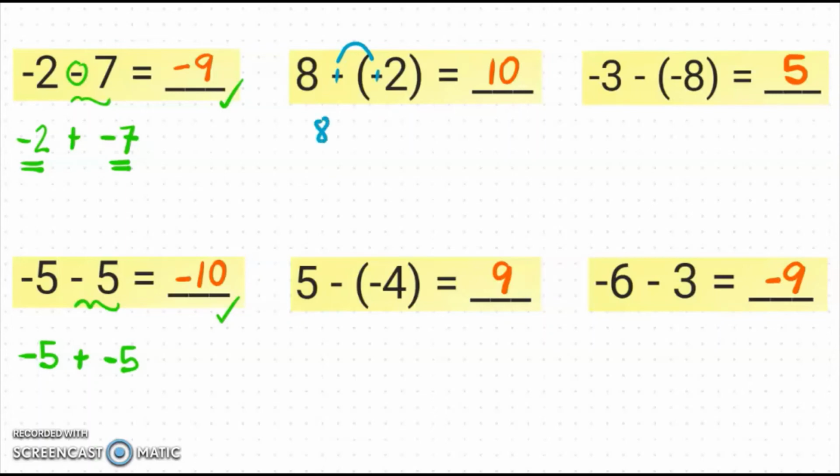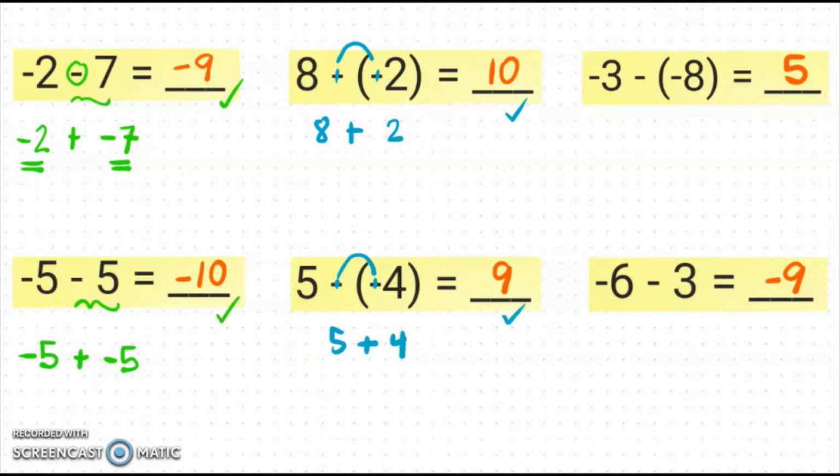So it's like 8 plus 2, which is obviously 10. And same with this next example. 5 minus negative 4 is 9, right? So it's like minus negative becomes plus. So we have 5 plus 4 instead. So we get a positive 9.